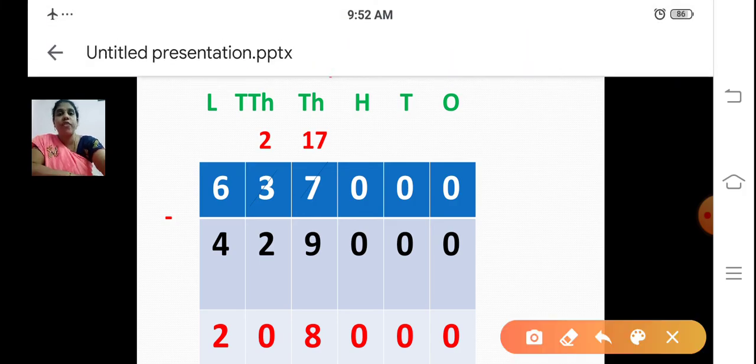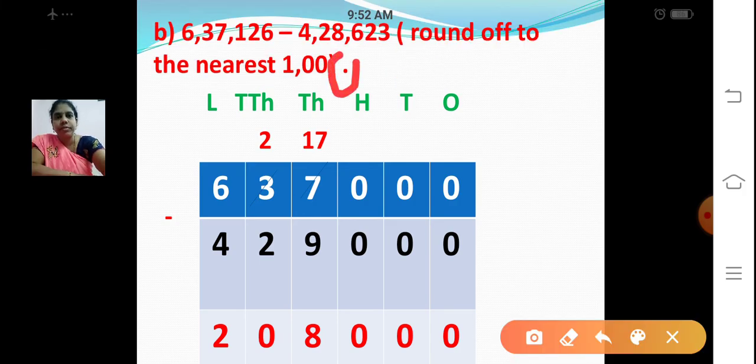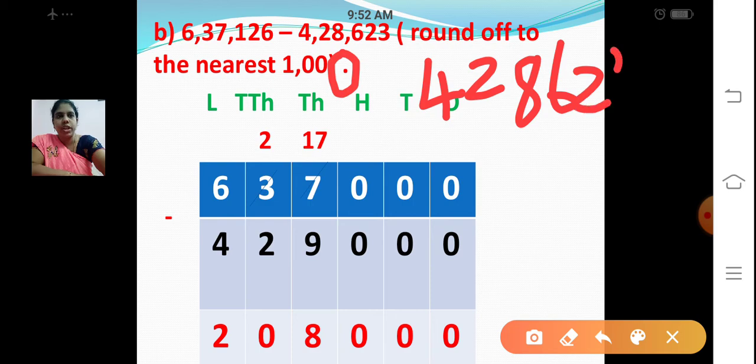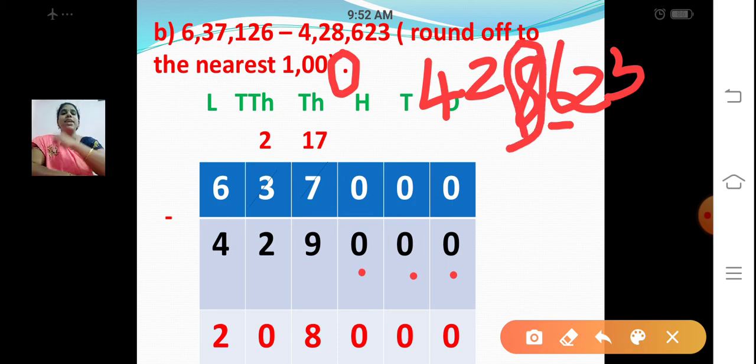So now take the second number, round off to the nearest 1,000. 4,28,623. To round off to the nearest 1,000, see the hundreds place. If it is 5 or greater than 5, what we have to do? Put 0 in the ones, tens and hundreds place and add 1 to the digit at the thousands place.